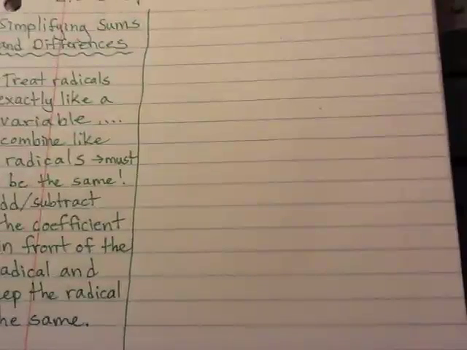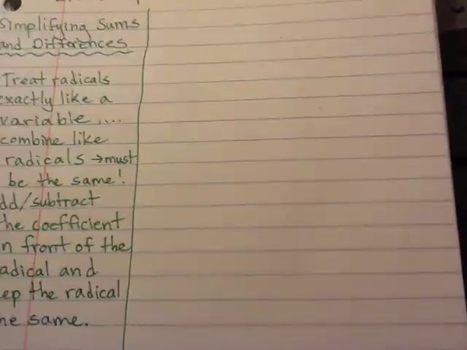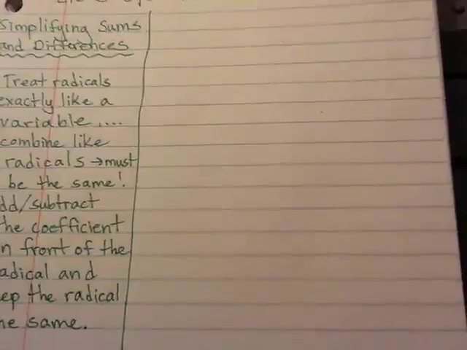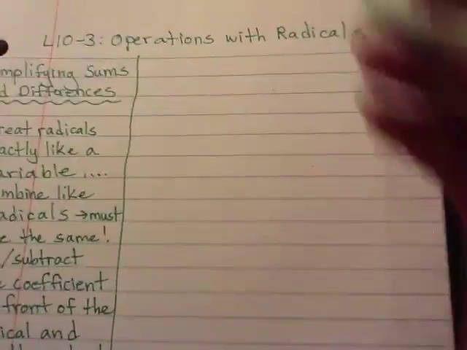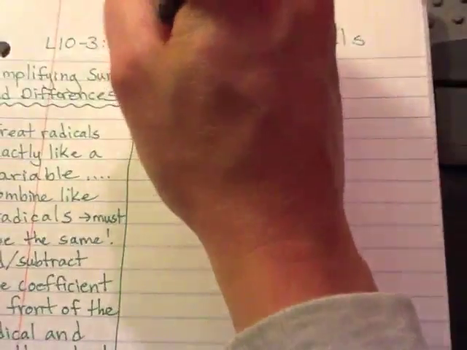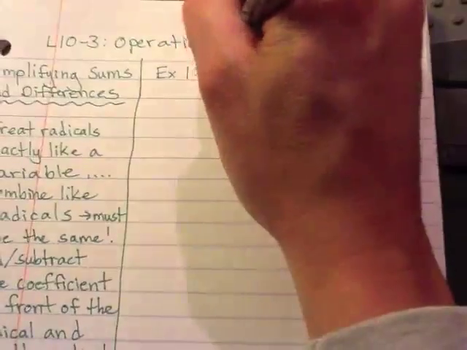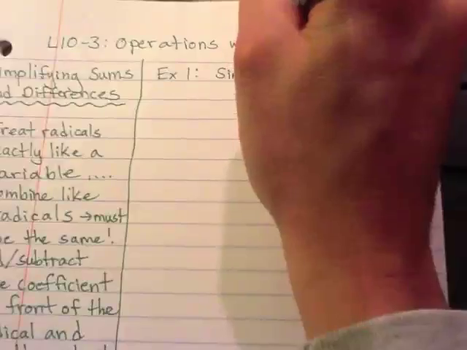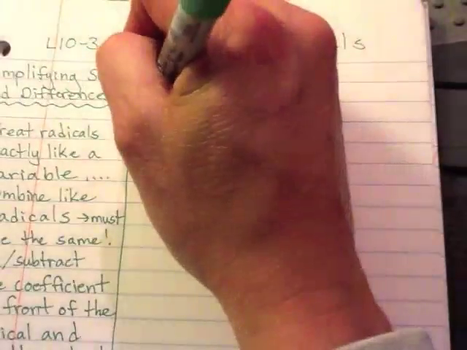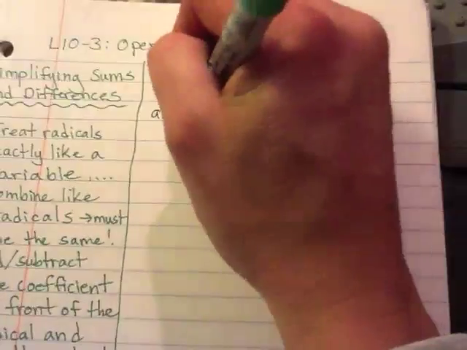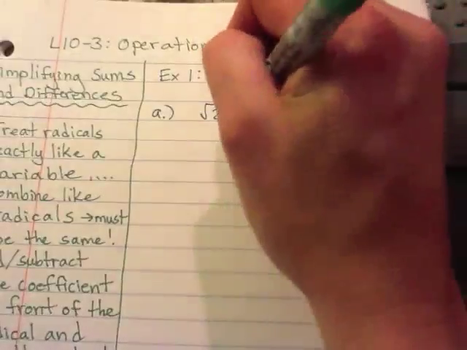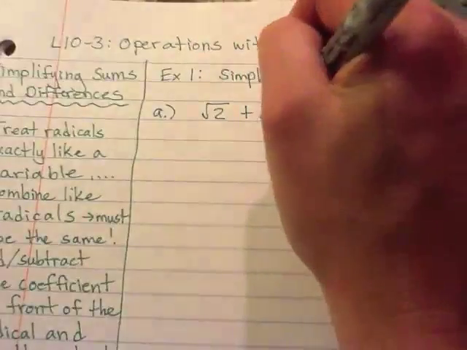So the first couple examples, we're actually going to have like radicals to combine. This is example 1. We're going to do several of these just to see. It says simplify square root of 2 plus 3 square root of 2.